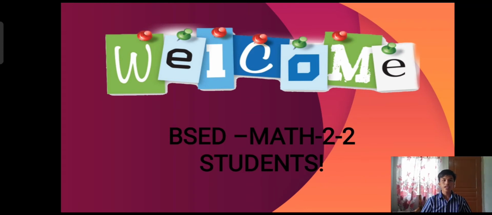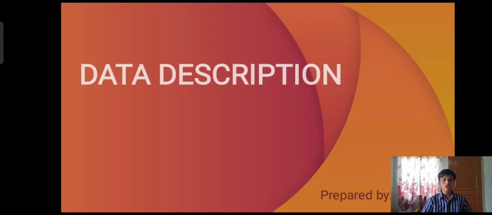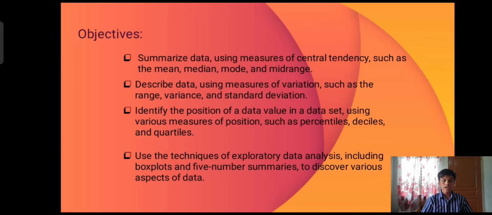Before we proceed to the lesson proper, let me present to you the objectives. At the end of the class, we will be able to summarize data using measures of central tendency, such as the mean, median, mode, and mid-range. Describe data using measures of variation, such as the range, variance, and standard deviation.